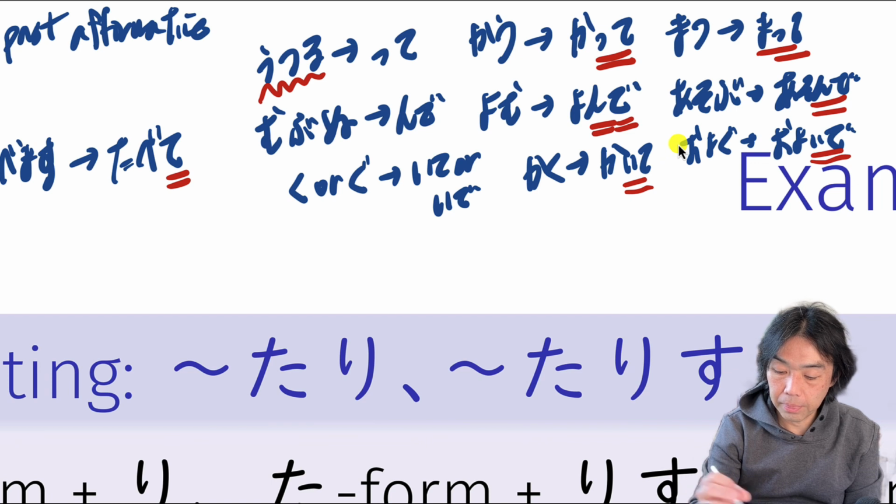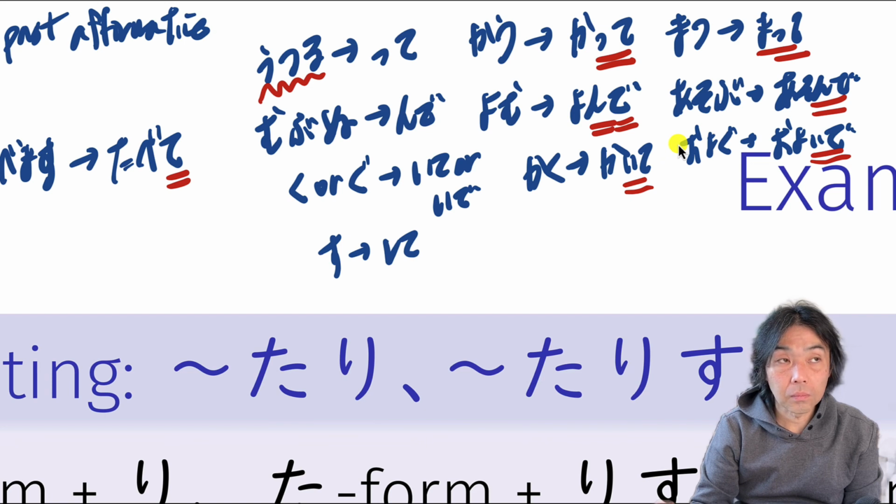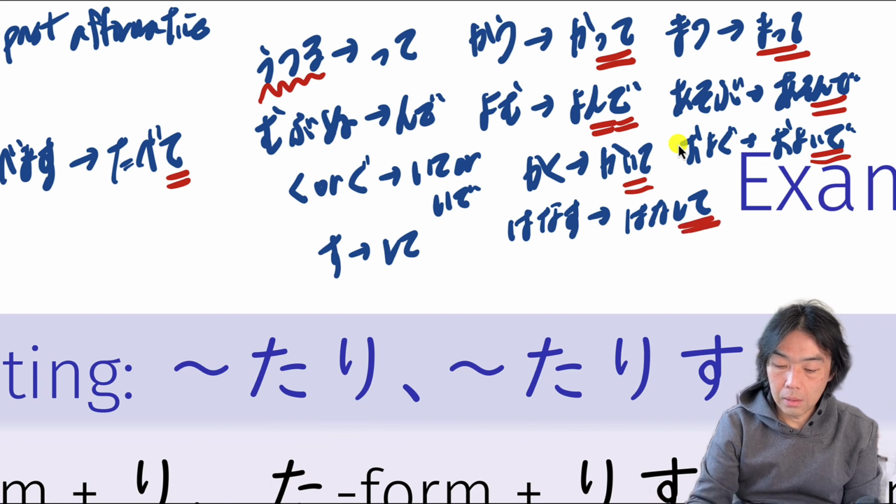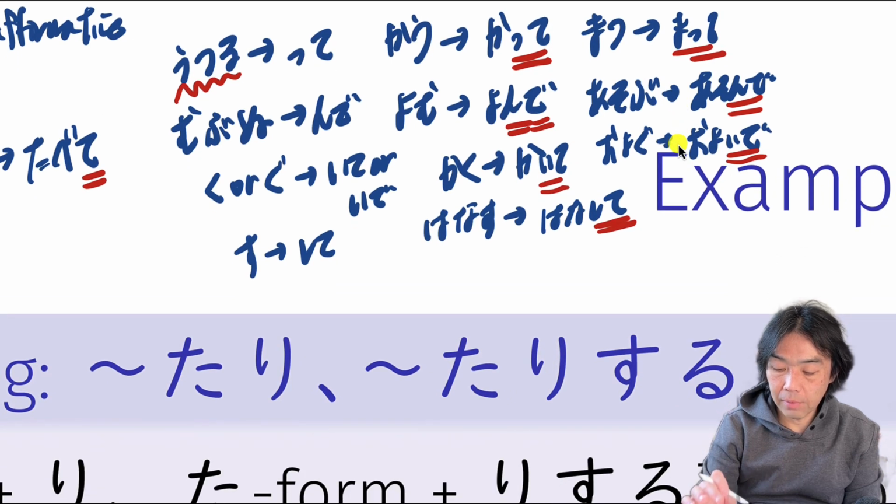Su becomes shite. Hanasu becomes hanashite. Okay, so these are how you conjugate the u verbs into te form, right?